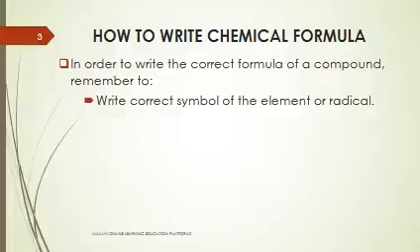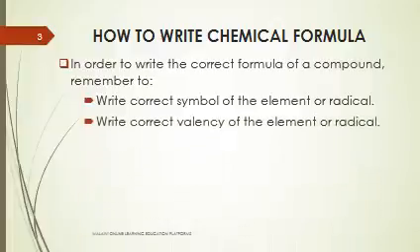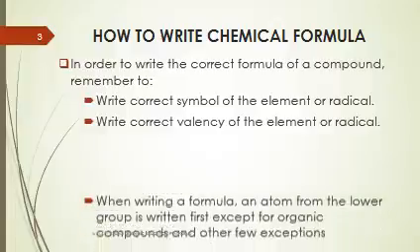Second, you need to write the correct valency of the element or radical. I think we discussed more about valency in our previous lesson. So here you need to write the correct valency of the element or radical.